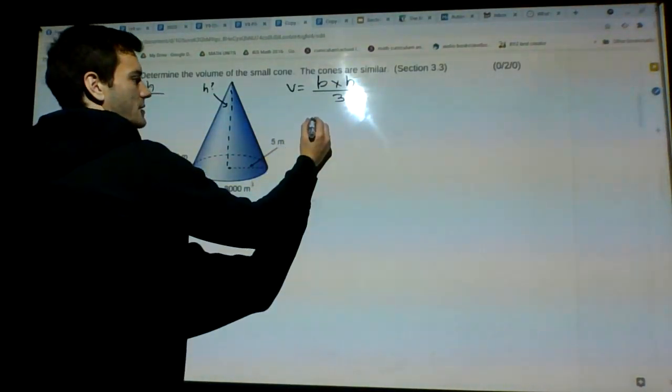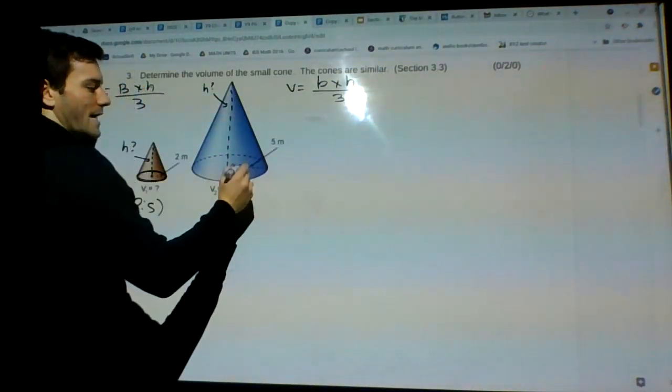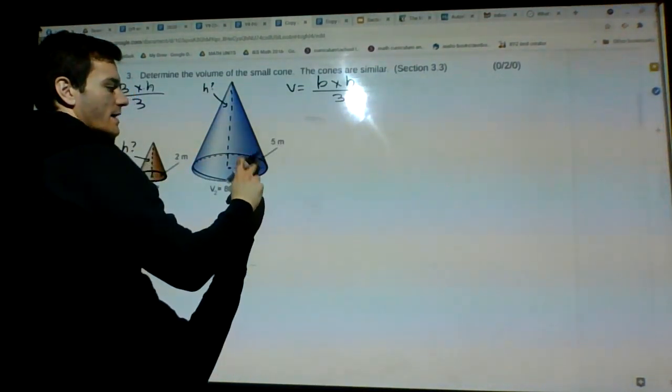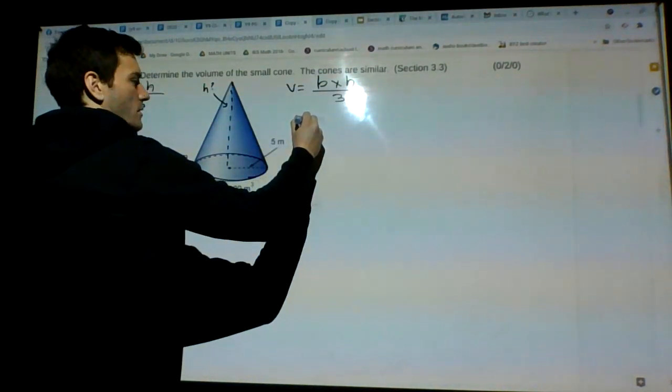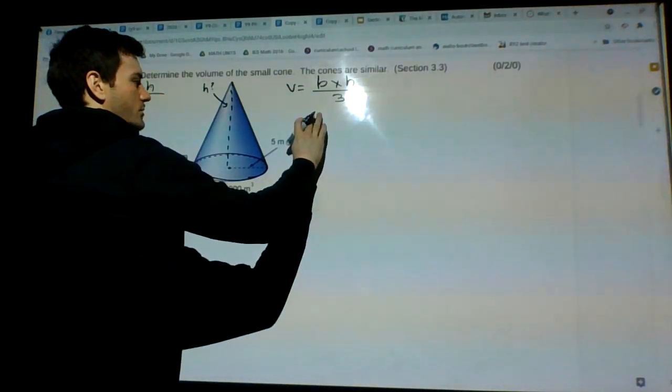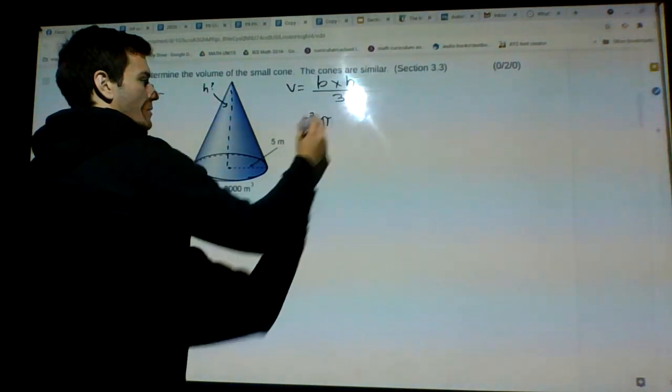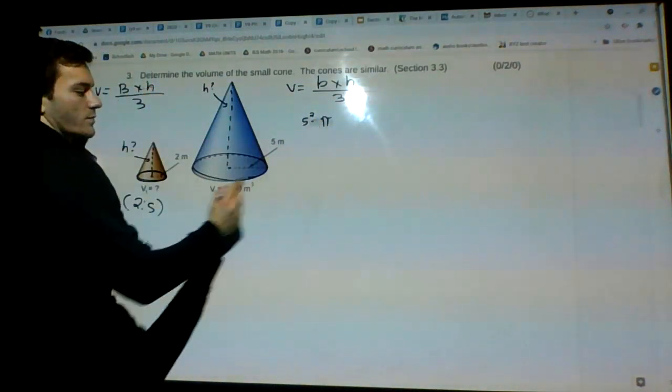So that means, in this case, the area of this base here is going to be radius squared times pi. So 5 squared times pi gives me the area of this base.